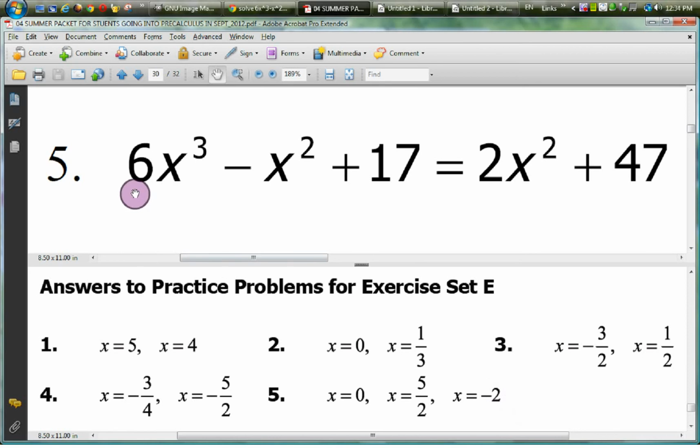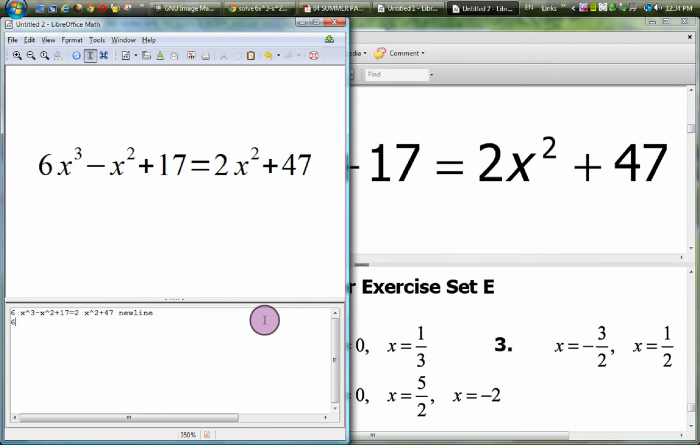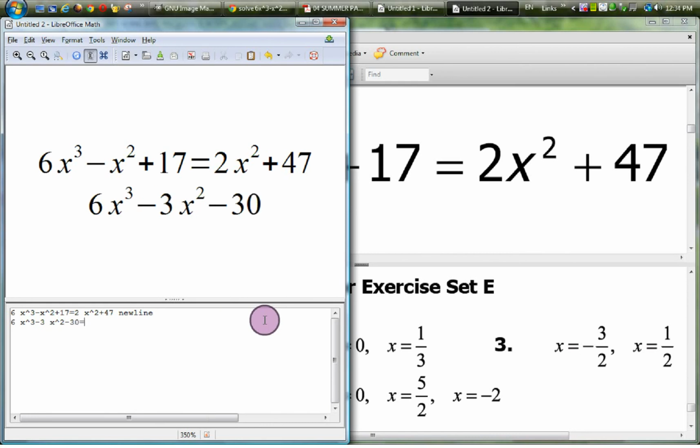Well, first, let me simplify this equation. So I'm just going to copy that over here. It's the same equation. First, what we'll do is move everything to one side. So the 6x cubed is left alone. We're going to subtract 2x squared from both sides to get negative 3x squared, and subtract 47 from both sides to get negative 30, and that equals 0.